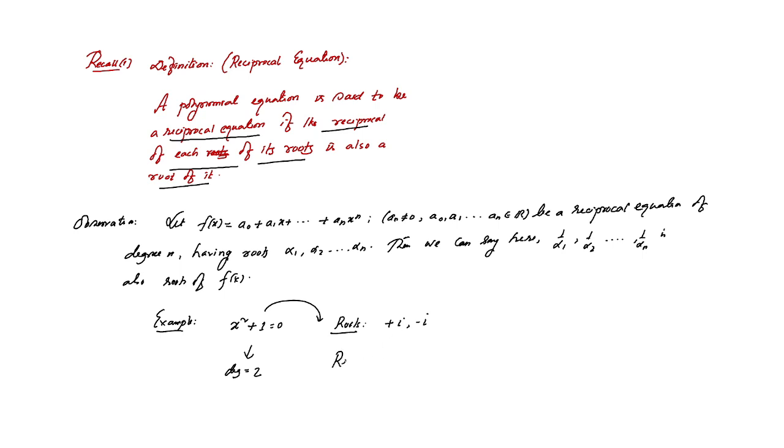If you take the reciprocal of its roots, that will be 1 by i and 1 by minus i, and that is minus i and i. Again, they are roots of f(x). So that means x square plus 1, according to the definition, is a reciprocal equation.